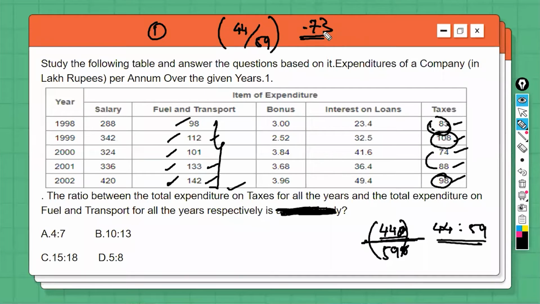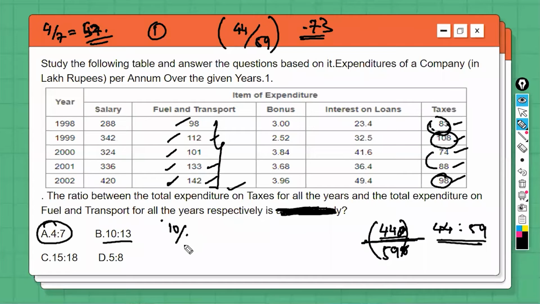Approximate value is sufficient, 0.745. And find the value of 4 by 7. 4 by 7 is 57 point something. So that is not the right answer.